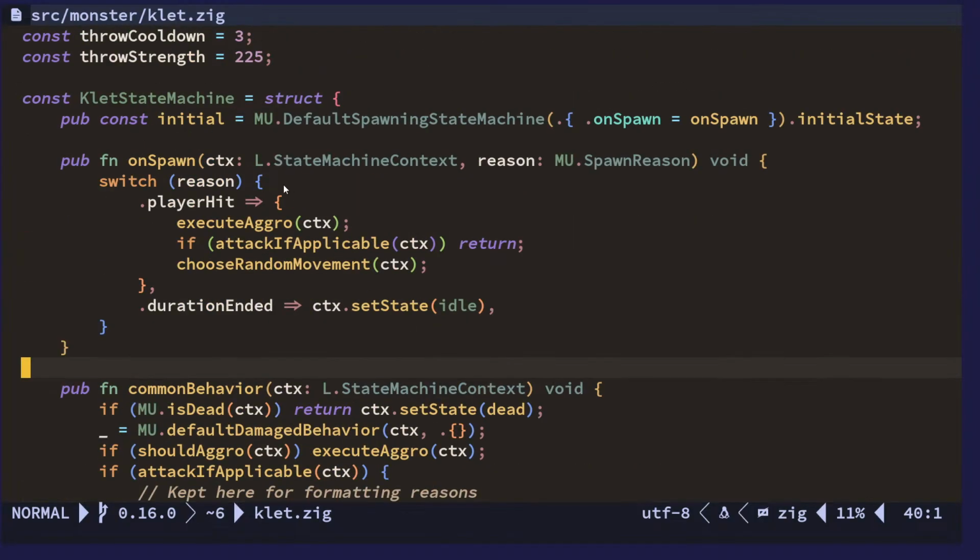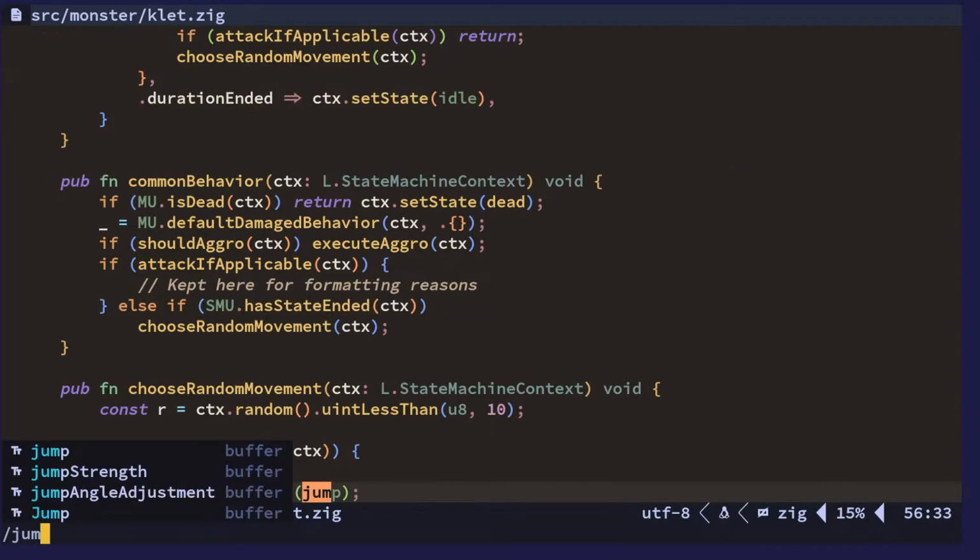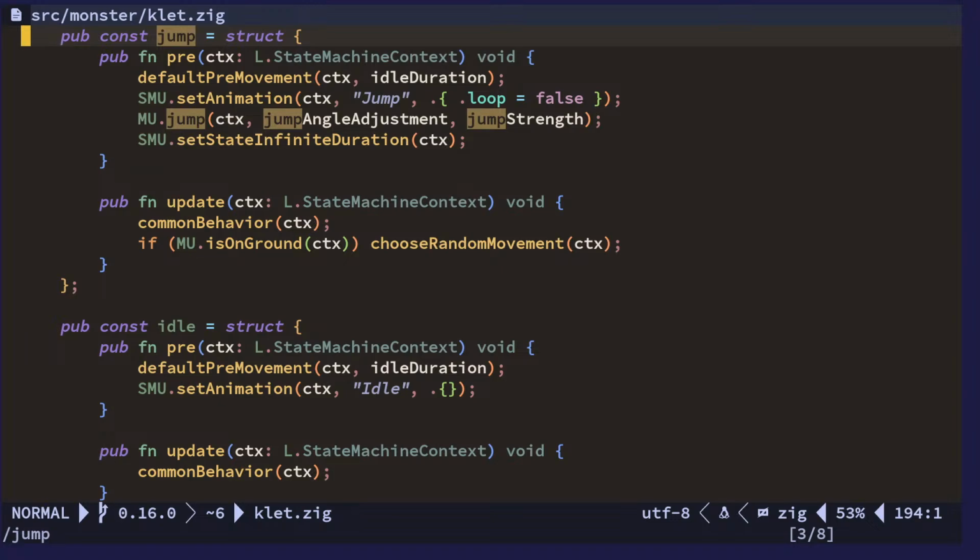I think what we're gonna do is have actually the jump behavior.